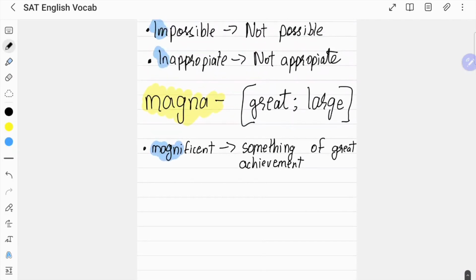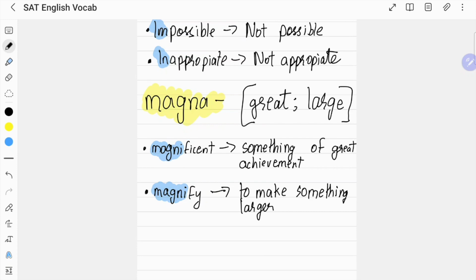Another word we can use is magnify, which means to make something larger.